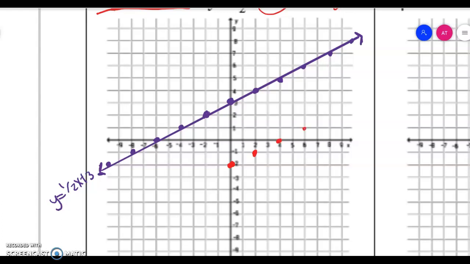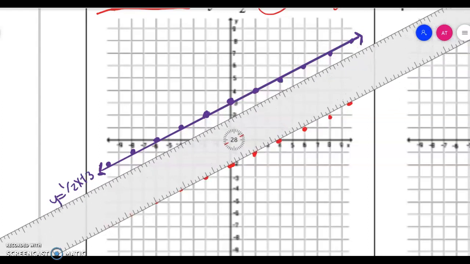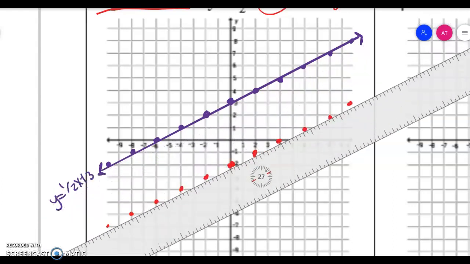Again, I'm just going to go up 1 and over 2 from my very last point. Then the opposite again is down 1 and to the left 2. And we have our graph. So now we're going to draw our line. Go ahead and draw your line.